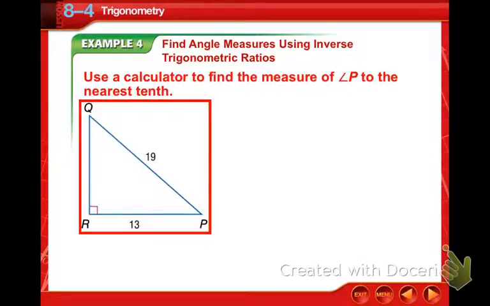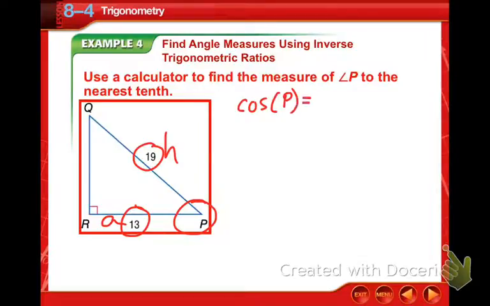So we're trying to find angle P in this example here. We have our adjacent side, and we're given the hypotenuse. So we need to use cosine, because it's the C. You have an A and H. So cosine of P is equal to 13 over 19.